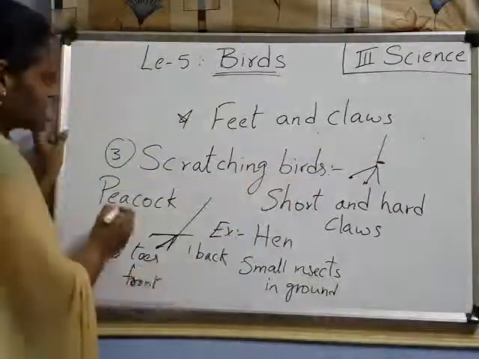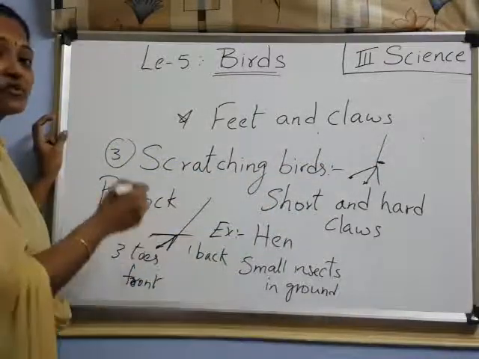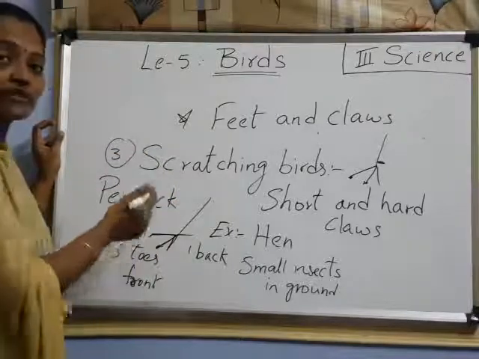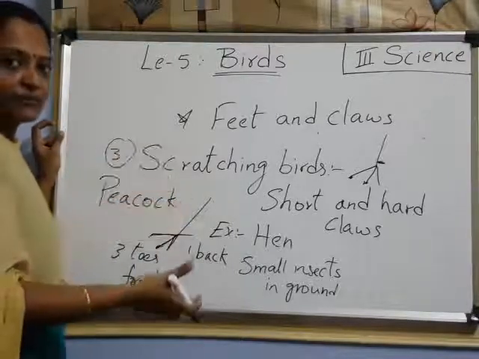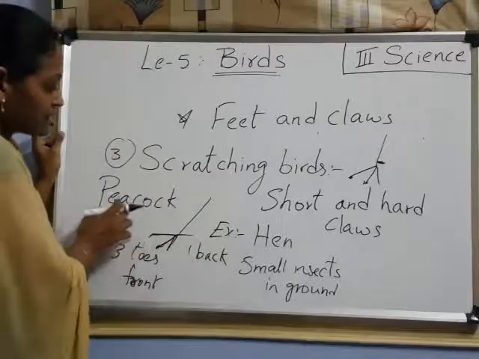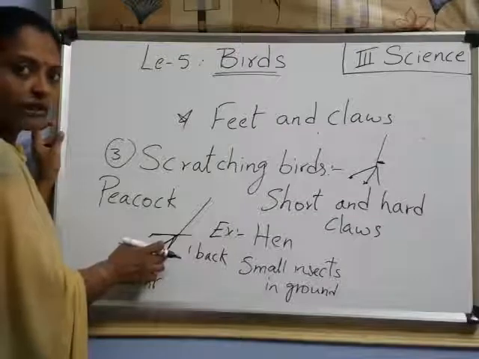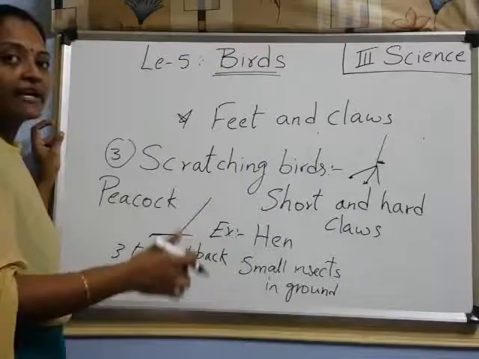Got it? For the peacock, it is also used for digging the ground. Understood, children? And it is also used for finding its food. The peacock also uses its feet and toes like this for digging the ground and finding its food.